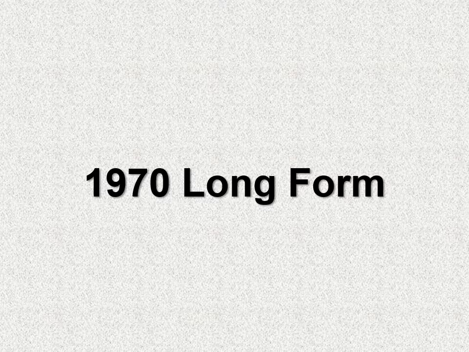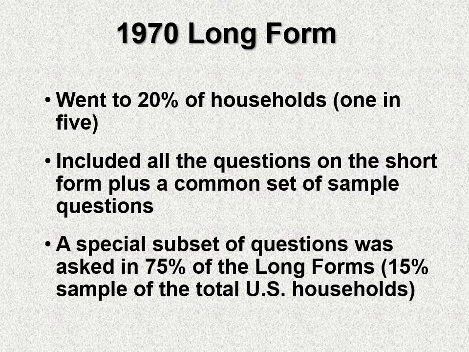Let's look at the long form. The short form went to 80% of households. The long form, the sampling form, went to 20%, 1 out of 5. It included all the questions on the short form, plus a common set of sample questions.